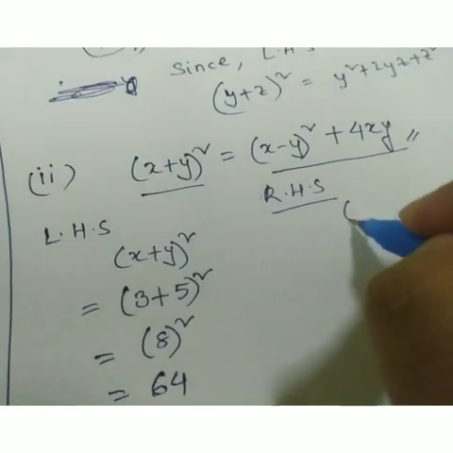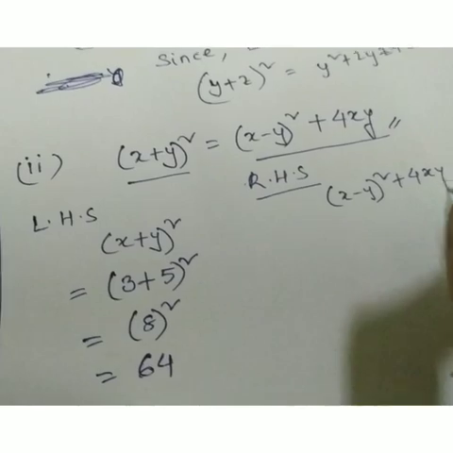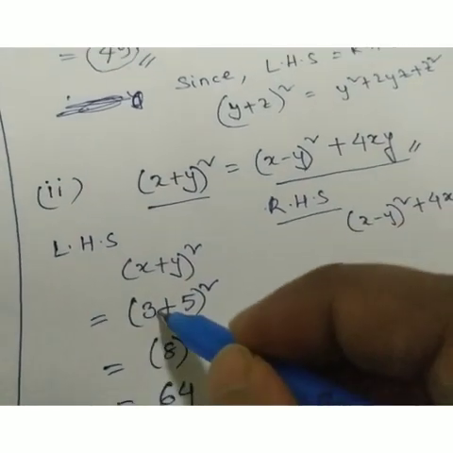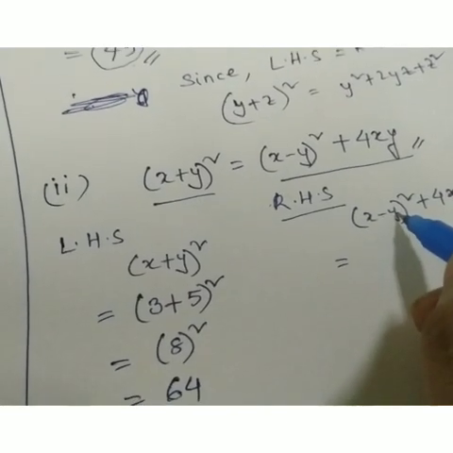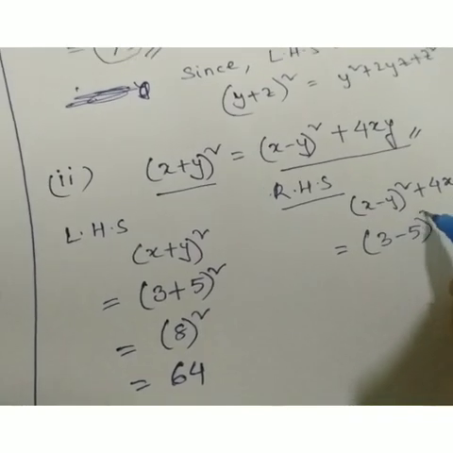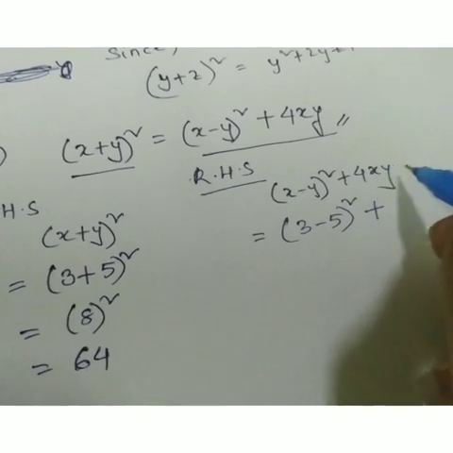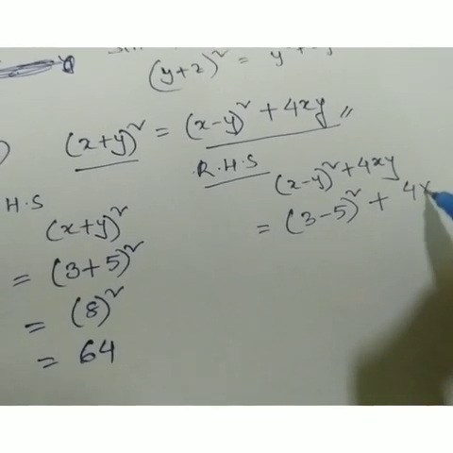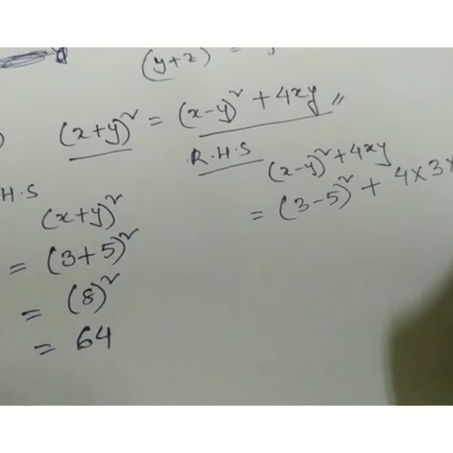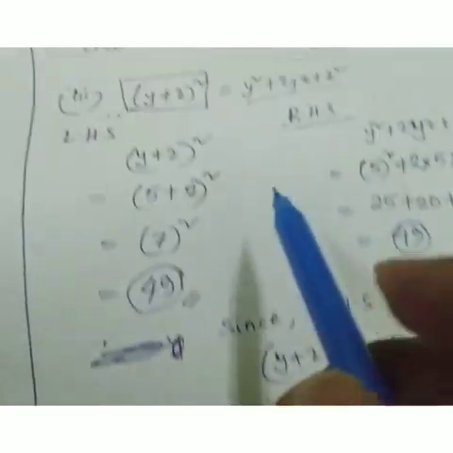So let's put right hand side over here. What is the question? X minus y whole square plus 4xy. So x minus y means x is 3 and minus 5. So we write 3 minus 5 whole square plus 4xy, which means 4 into x into y. Here x is 3 and y is 5, and it's already given over here.